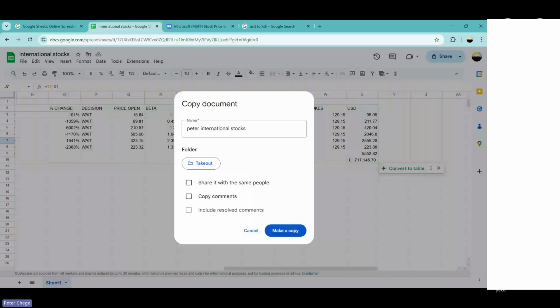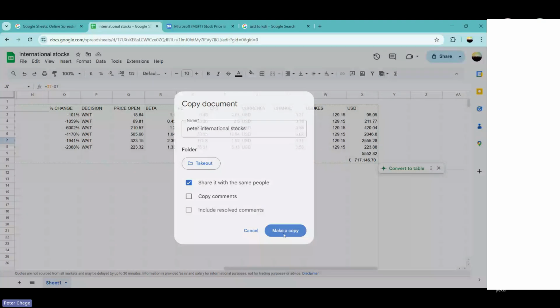Always make sure your beneficiary, your spouse, a trusted member of family, or an administrator of your wealth knows what you are doing. This is where you can share it with them. They'll get an email where they'll see what you're investing. They don't have access to your trading account, but at least now they know you have been buying international stocks. Then you click copy. It will just make a copy.